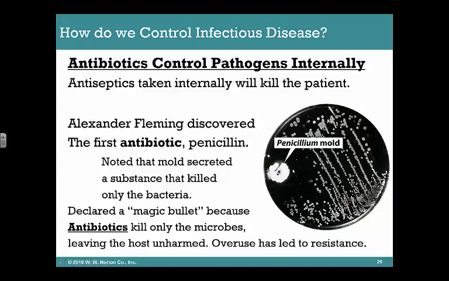So you can see right around that large white dot of mold, you don't see these smaller dots of bacteria growing. So that was really an important observation, but he was actually unable to figure out how to purify whatever it was that the mold was producing that was toxic to the bacteria.